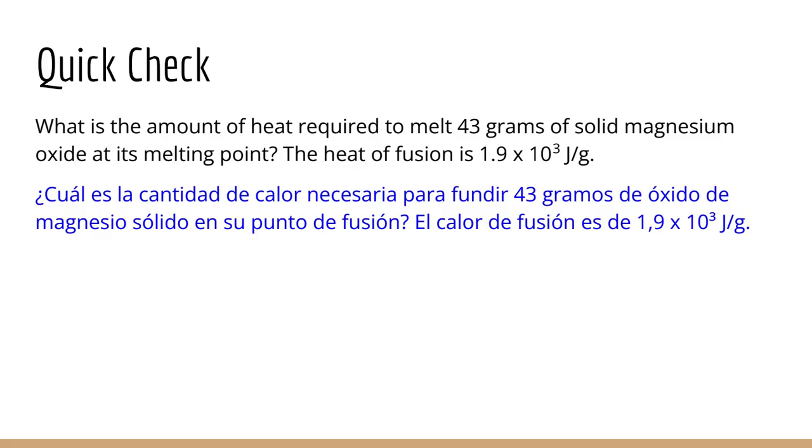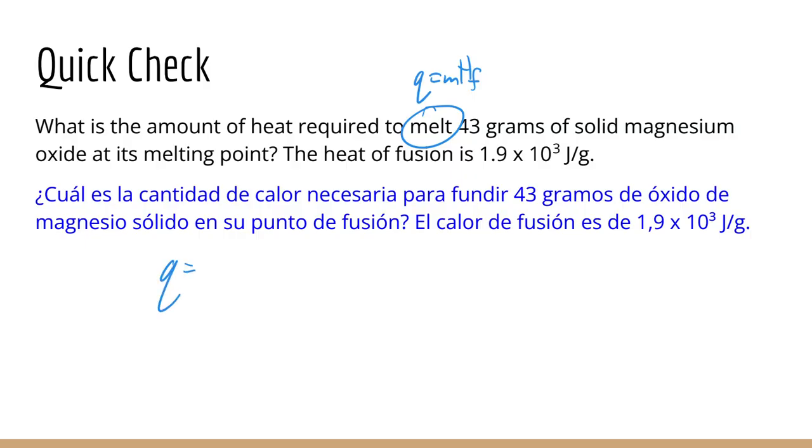I'd like you to try this one now. What is the amount of heat required to melt 43 grams of solid magnesium oxide at its melting point? The heat of fusion is 1.9 times 10 to the third joules per gram. So to solve this equation, first we're seeing the word melt. So that means that we need to use Q is equal to mHF, the heat of fusion equation.